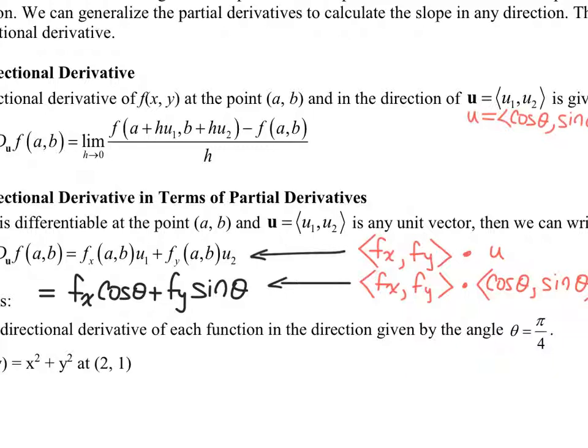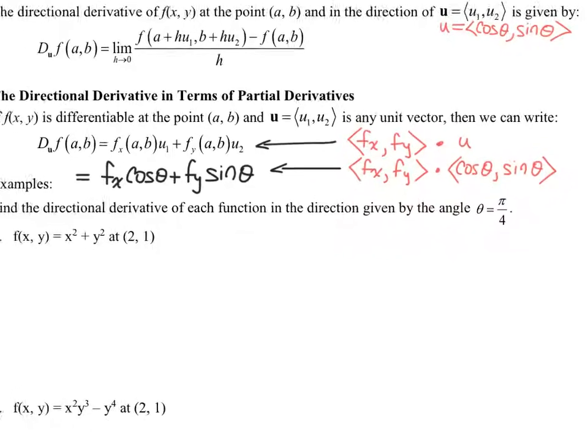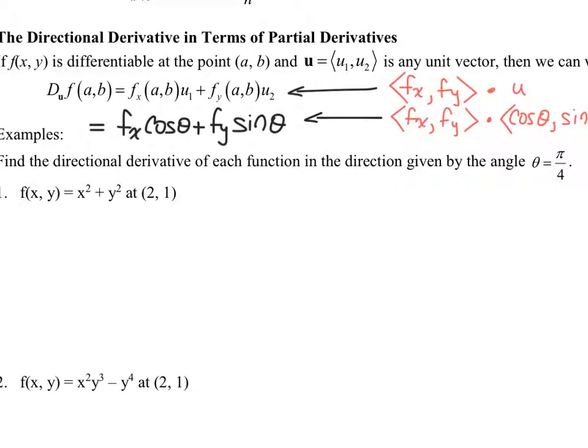All right, so at this point, we're just focusing on skills. What we want to do is find the directional derivative of each function when you have a given angle theta. I have a coordinate, I have a function. So I'm going to find the partials. Partial with respect to x is just 2x. Partial with respect to y is just 2y.